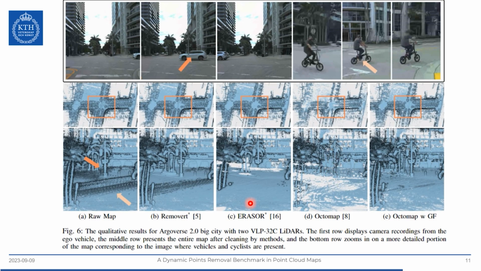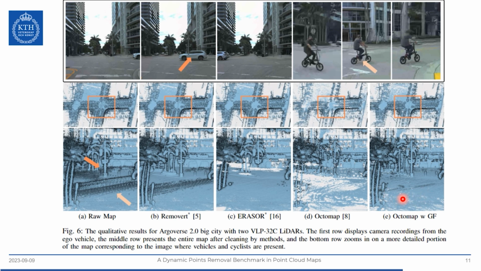Comparisons with the improved OctoMap version here demonstrate a significant improvement in error reduction for ground points. By incorporating ground estimation, most of the ground points are preserved, ensuring a more accurate representation of the static environment.